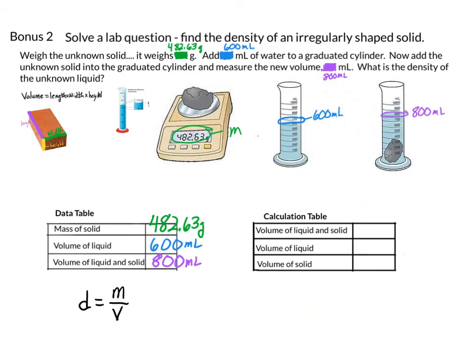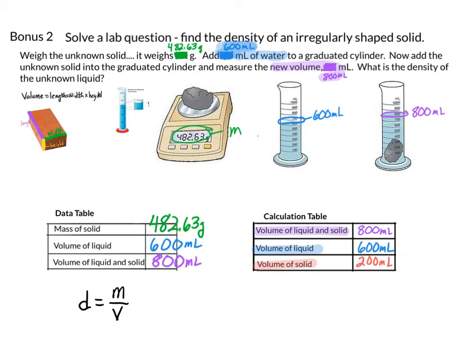Now we'll make a calculation table. We'll be subtracting the volume of the liquid from the volume of the liquid plus the solid to find just the volume of the solid. So we will have 800 milliliters minus 600 milliliters, which leaves us a solid with a volume of 200 milliliters.